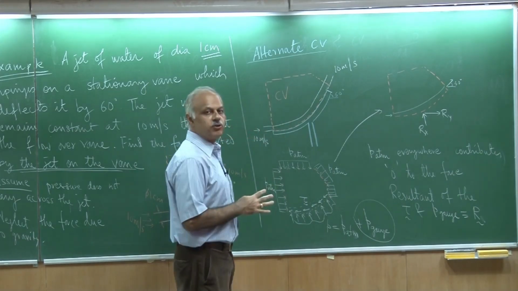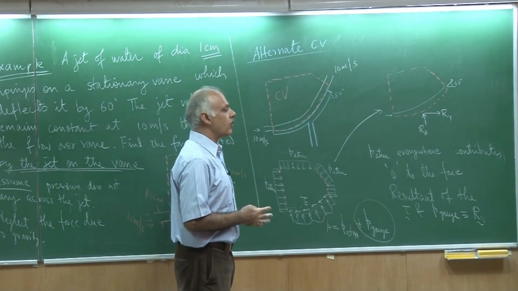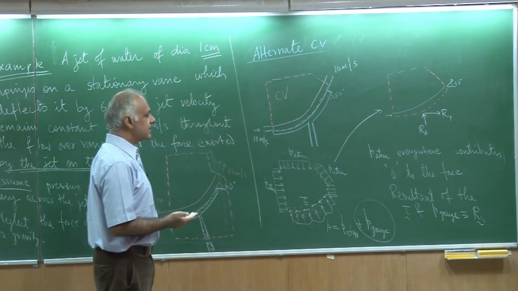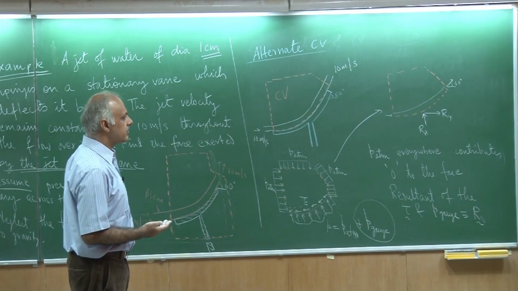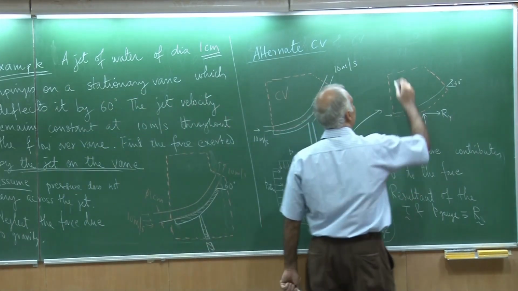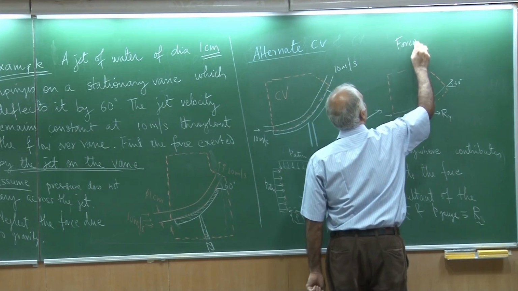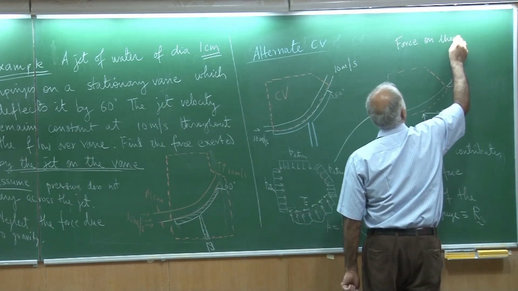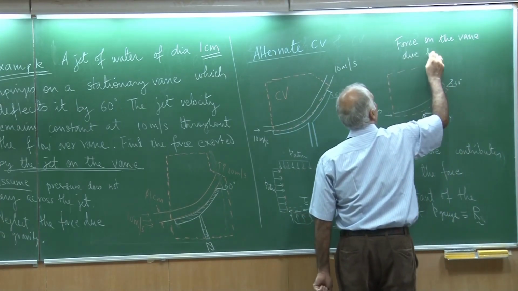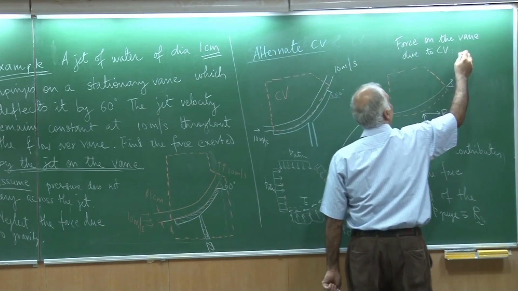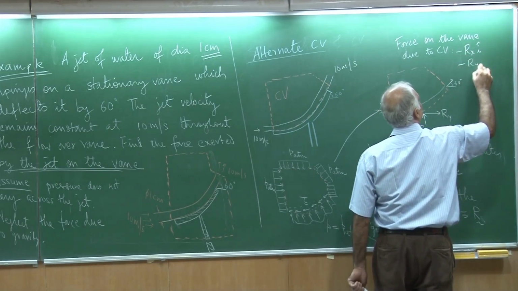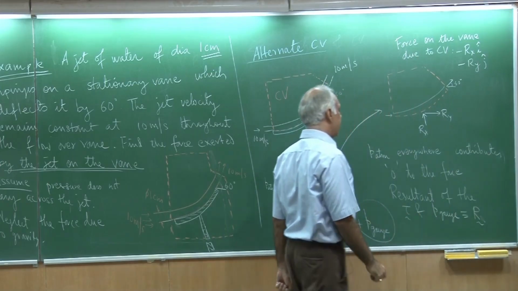So, this is the force now acting on the control volume, and the net force that acts on the vane because of the control volume would be negative Rx and negative Ry. So, force on the vane due to CV is minus Rx i minus Ry j.